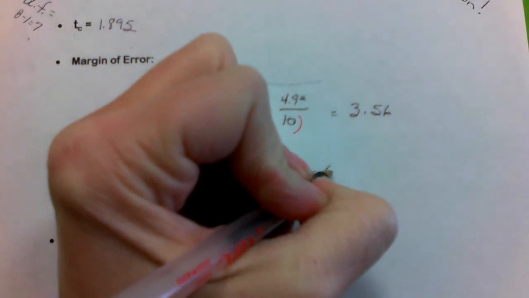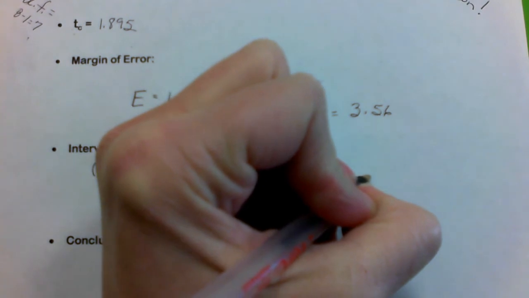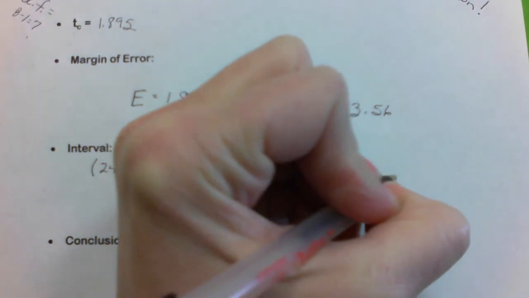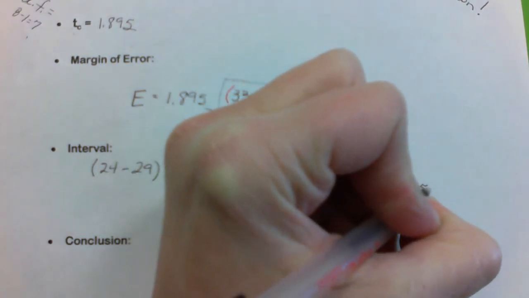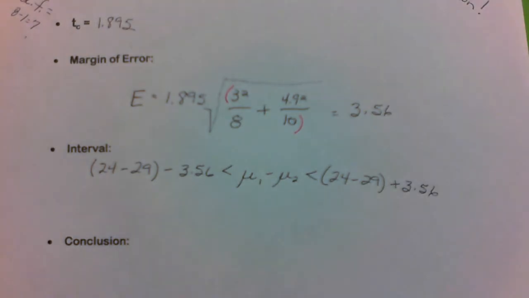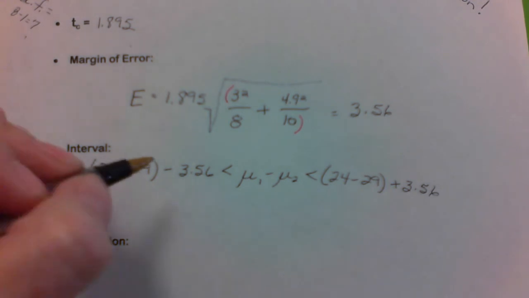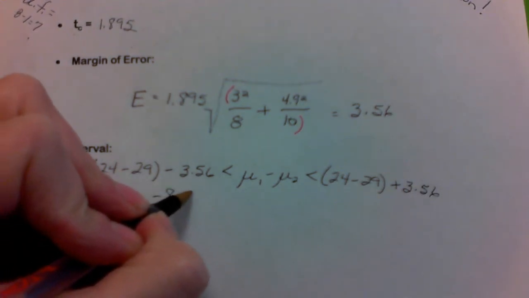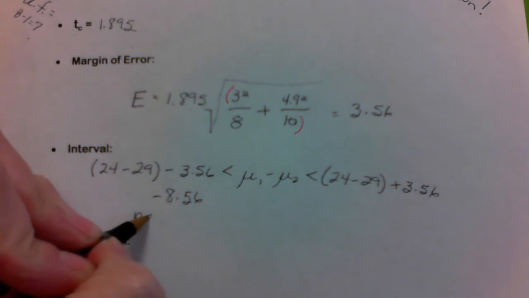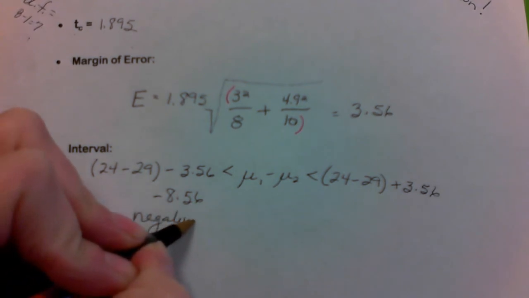X bar 1, 24 minus X bar 2, 29, plus the margin of error, 3.56. And when you do that calculation, you get 24 minus 29 minus 3.56, and you calculate negative 8.56. So what I'm interested in knowing is that's a negative number.